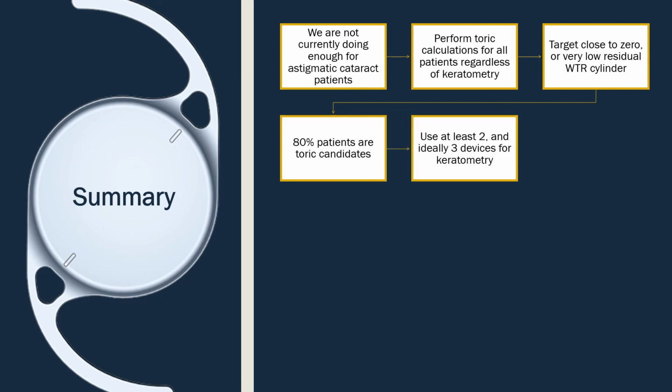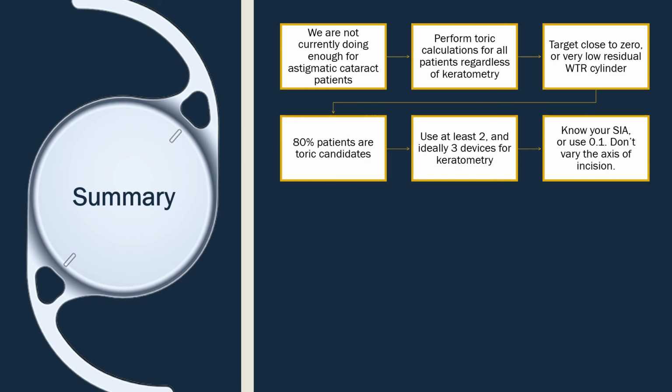We should use at least 2 and ideally 3 devices for keratometry, and then put these into the K calculator to get the best result. We need to have a handle of what our SIA is, but if we haven't yet established that for ourselves, then use a value of 0.1 and don't vary the axis of your incision.